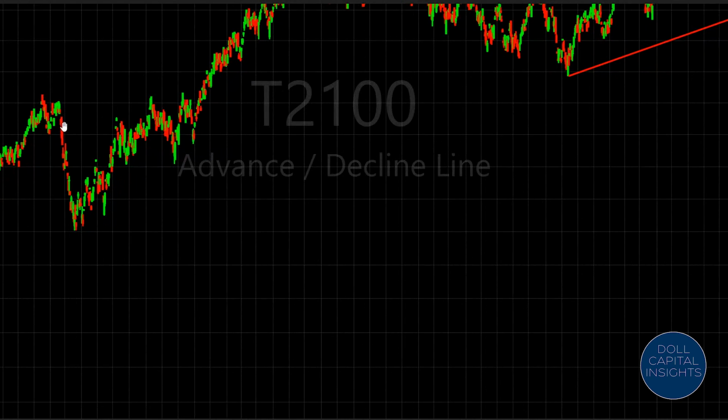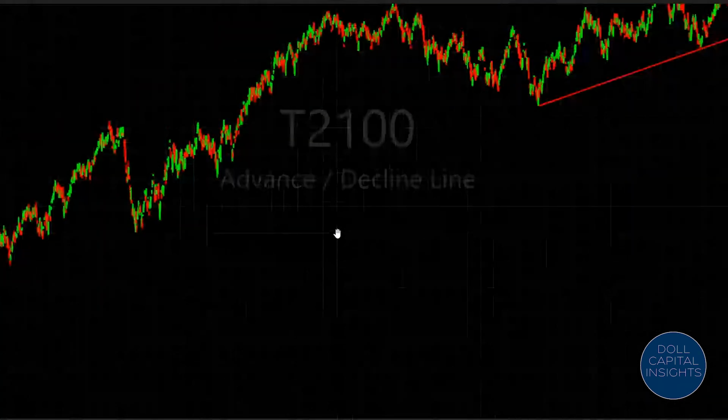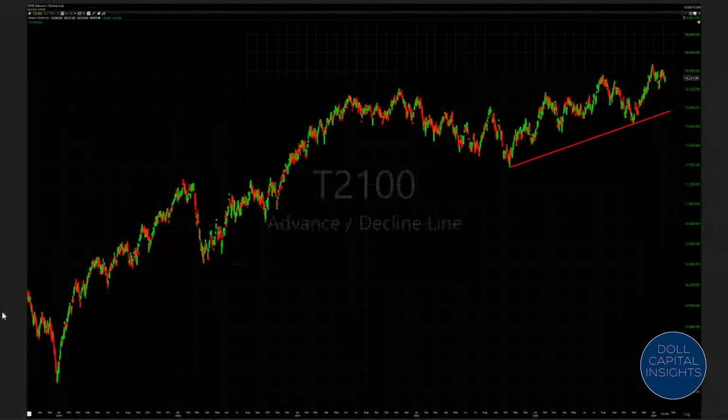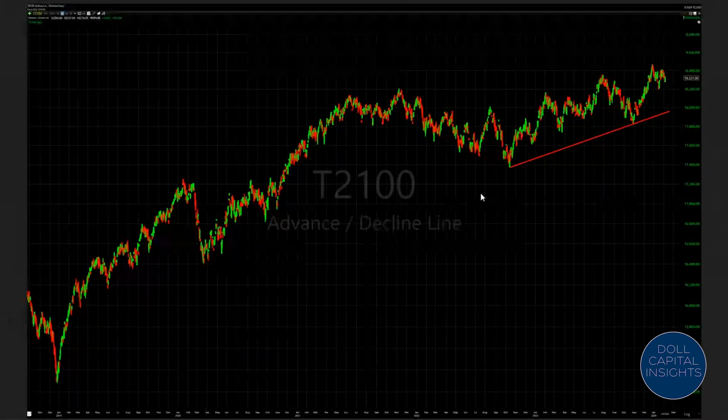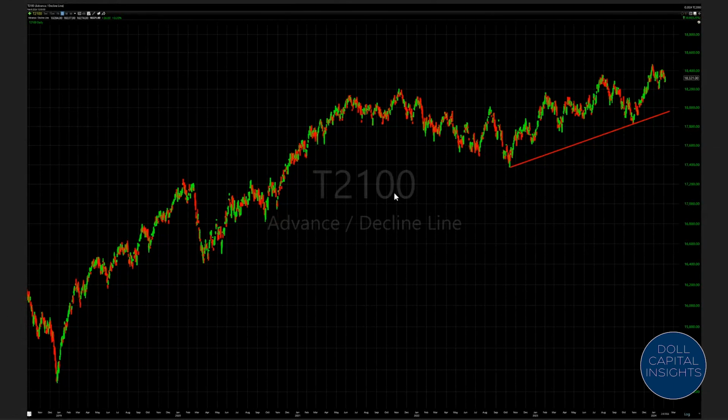This red line back here, a pretty big stick there, we know was a down day in breadth. There were more declining stocks than advancing stocks. So from a visual perspective, I'll shrink this back in, pretty much the same time period, and you can see that we're in an uptrend in the breadth. If we're in an uptrend in the price and in an uptrend in the breadth, that's a positive.